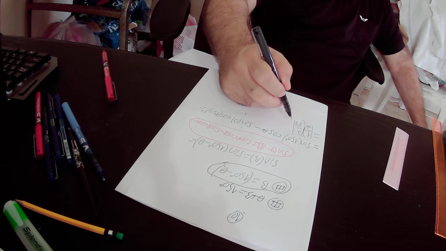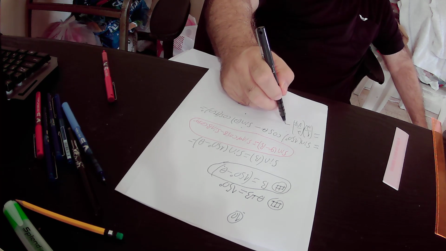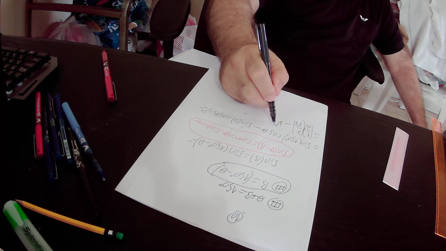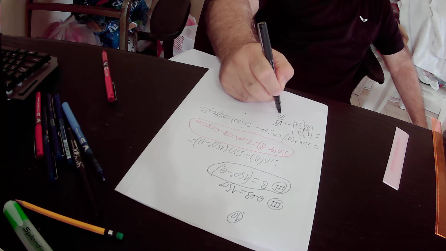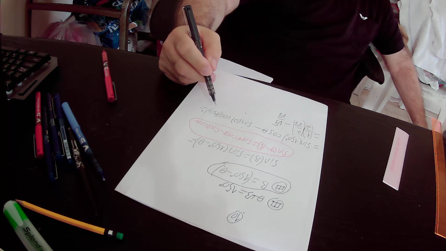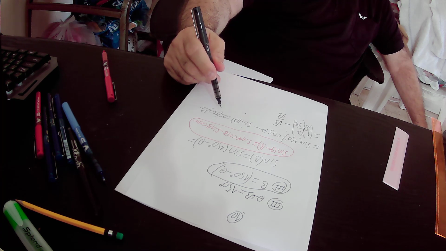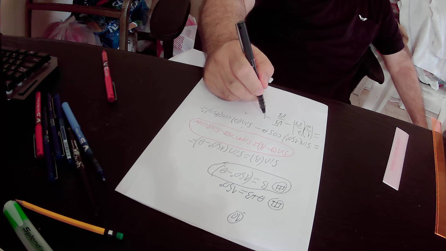We have already found out that the value of sin theta is root 3 over root 7. So it is sin theta times cos 150 degrees, and the value of cos 150 degrees is minus root 3 over root 2.